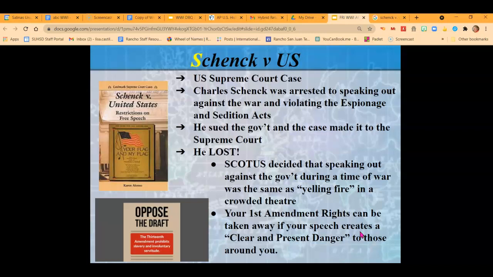SCOTUS, that is the Supreme Court of the United States, decided that speaking out against the war, against the government, during wartime was the same as yelling fire in a crowded theater, thus causing panic. So in their decision, they say that your First Amendment rights can be taken away if your speech creates a clear and present danger to the people around you.